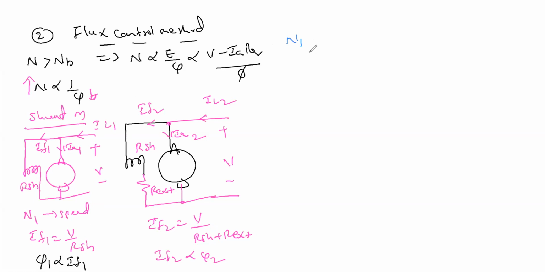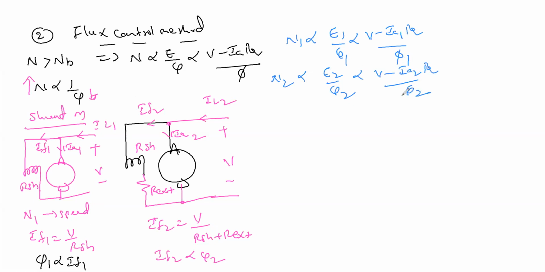N1 is proportional to E1 by phi 1, V minus, KVL, IA1 RA by phi 1, and N2, second speed, E2 by phi 2, V minus IA2 RA by phi 2. Take the ratio.